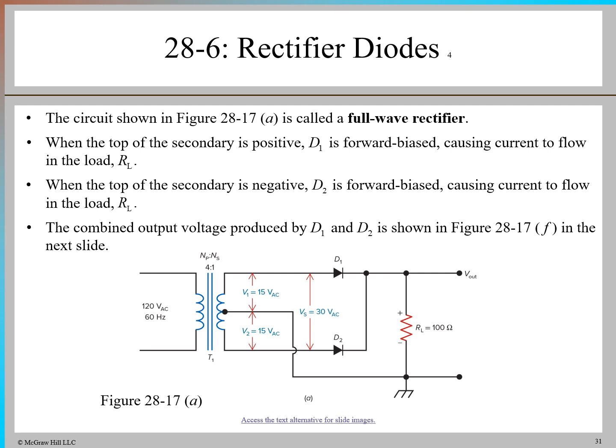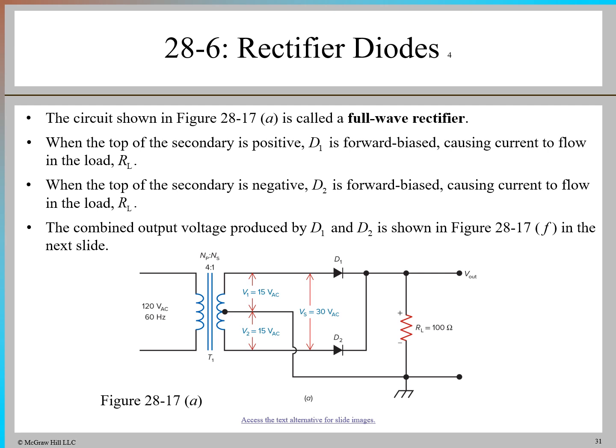In this full wave rectifier circuit, the step-down transformer labeled T1 provides the secondary voltage. When the secondary voltage is positive, diode D1 becomes forward biased, allowing current to flow through the load resistor R sub L, while diode D2 remains reverse biased, blocking current.